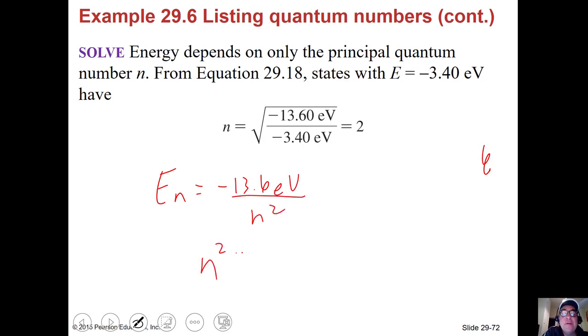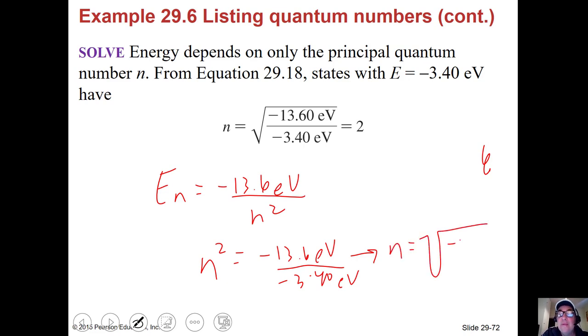So solving for n squared, it's minus 13.6 eV divided by the energy, and the energy that they're telling us is negative 3.4 eV. So to get n, you just have to take the square root of this: n is the square root of negative 13.6 divided by negative 3.4. That's where this formula is actually coming from.